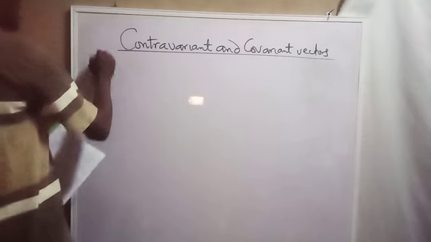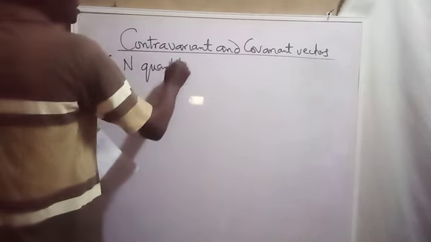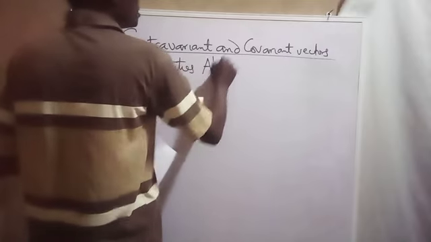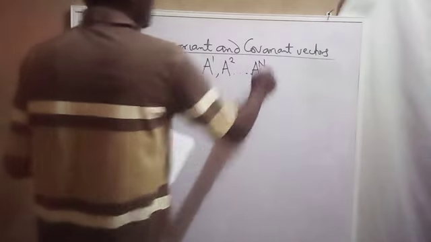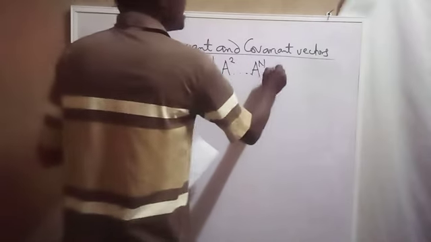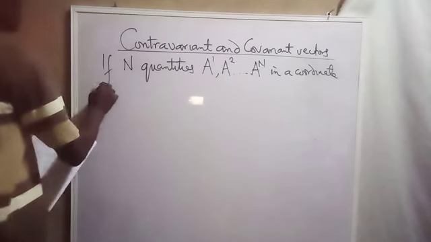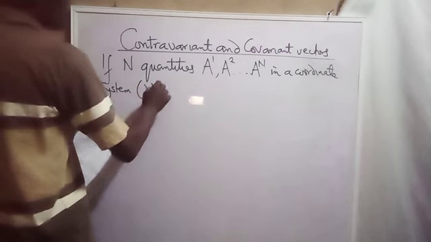Now, if n quantities, let's say A^1 up to A^n, the indices are up there, in a coordinate system, this coordinate system is written this way.